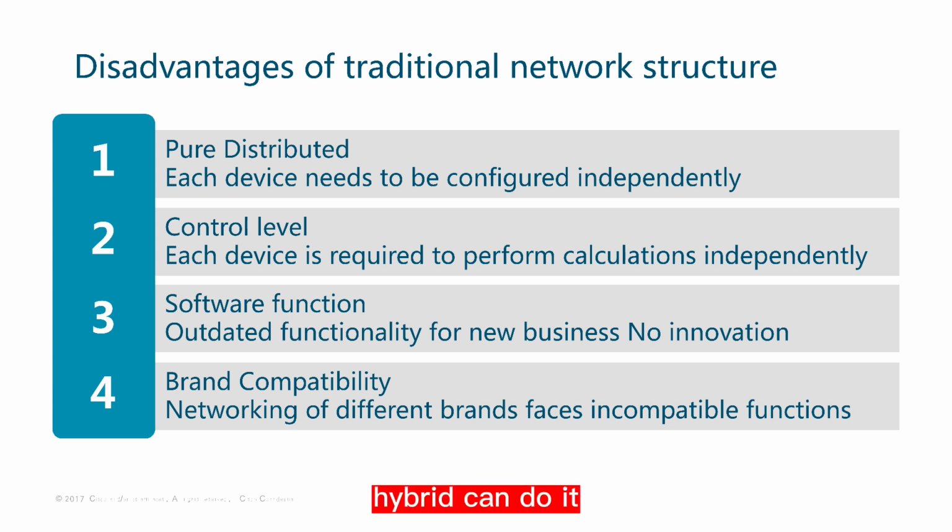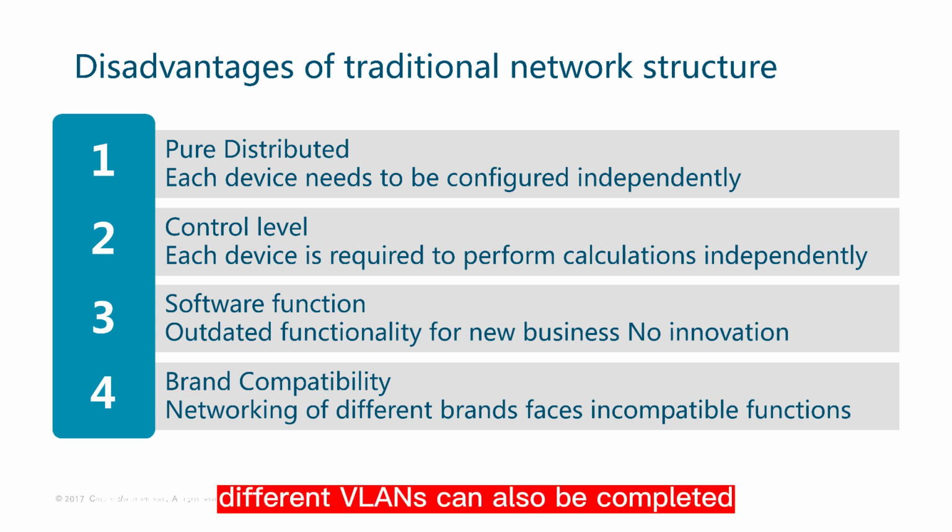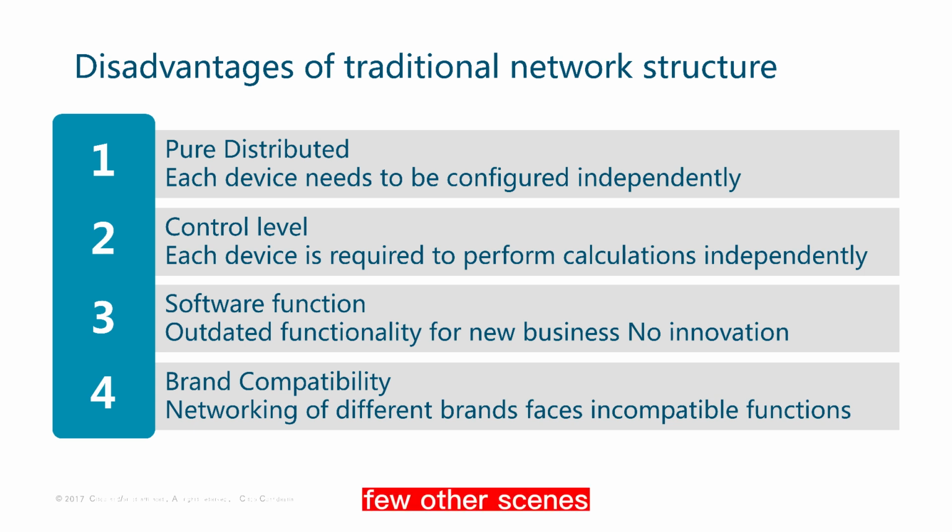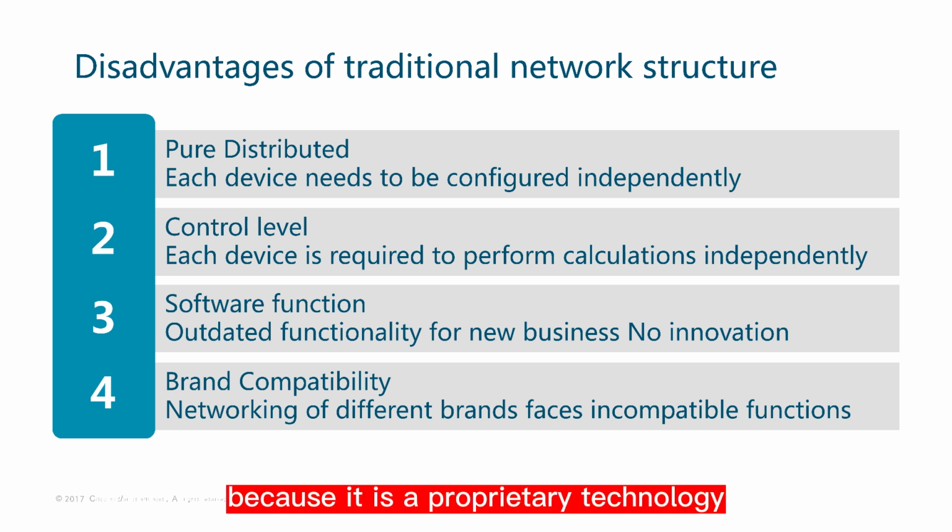Hybrid can do it. Layer 2 communication between different VLANs can also be completed. It is equivalent to a strategy. But hybrid will only be used in Huawei, for example voice VLAN. Few other scenes. These techniques are good because they are proprietary technologies.